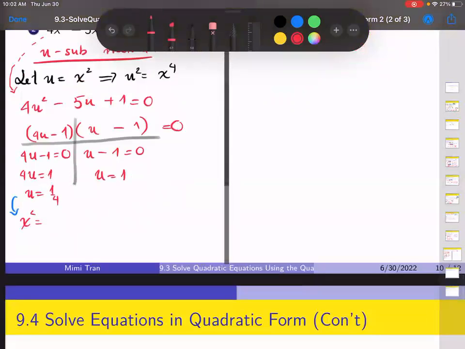So x squared equals 1/4, x squared equals 1. So take the square root of both sides. So x equals plus or minus 1/2, or x equals plus or minus 1. 4 solutions again.